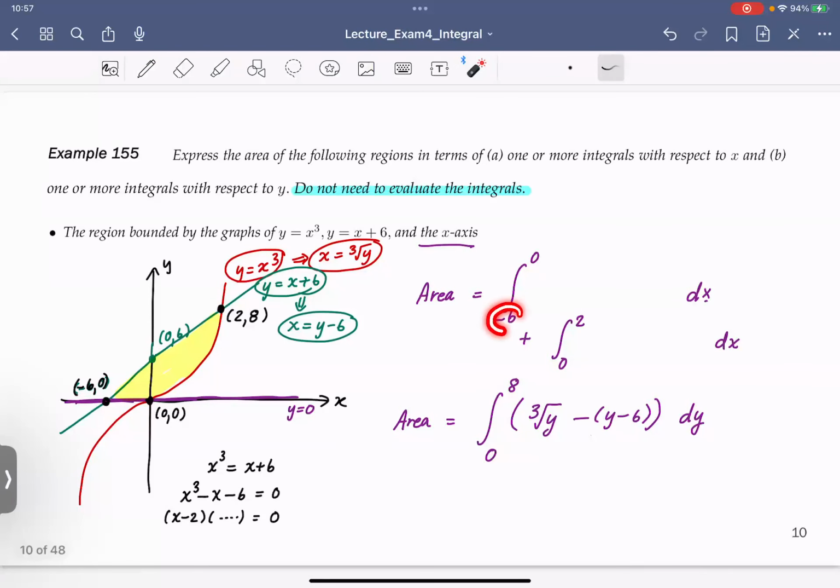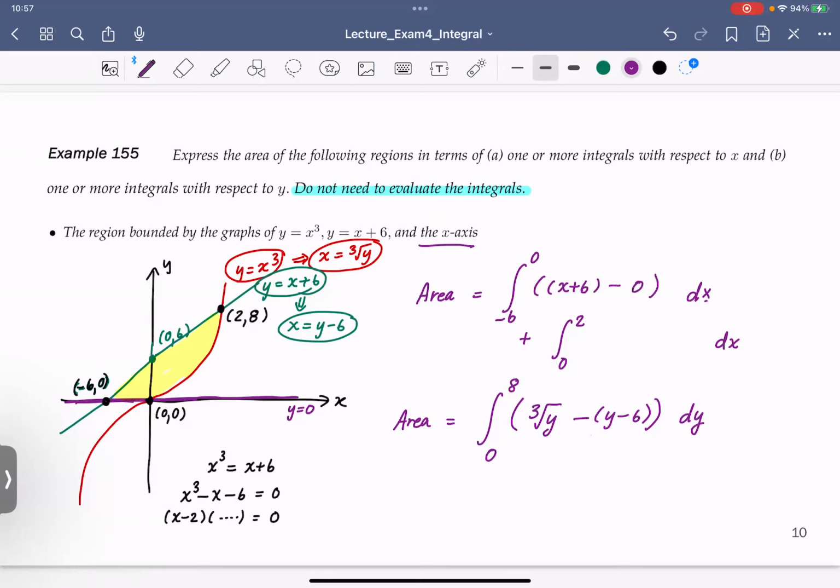And then from -6 to 0 here, you're going to use the top function. Remember, you need to use top minus bottom. The top one is the green line, which is x plus 6. So y equal to x plus 6 is on top, and the bottom one is 0.